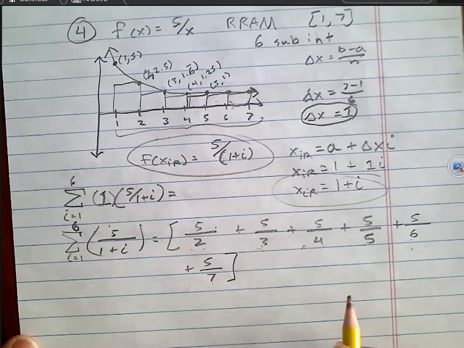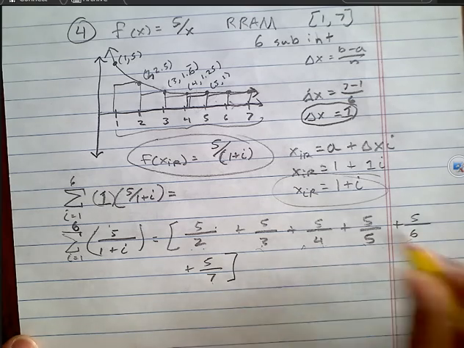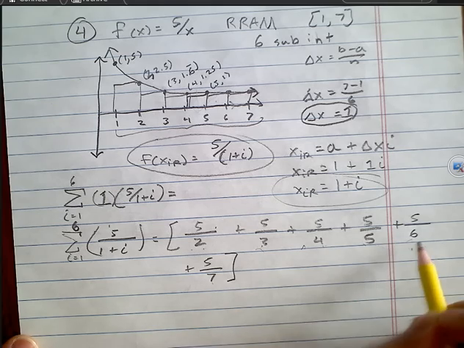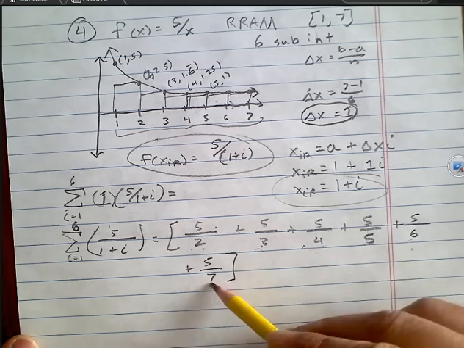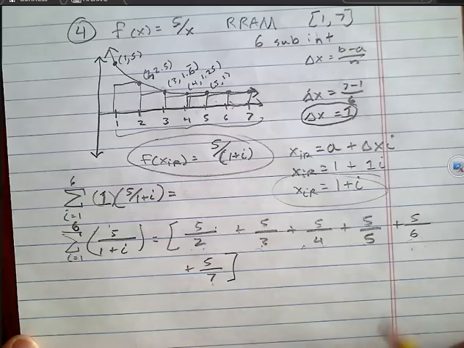I don't know. Let's see. 5, 20, 5 is 30, and 4, 60. 4 goes into 60. 7 doesn't go into 60. So it looks like we may have to multiply 7 and 60 to get our common denominator.